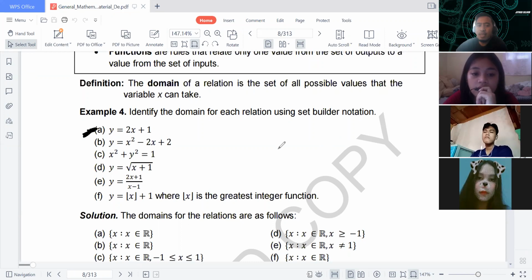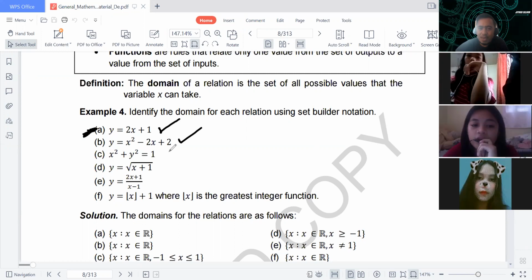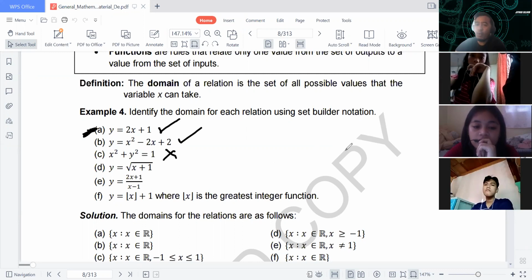Yes, it is a function. Is it a function or not? No, sir, it is not a function.